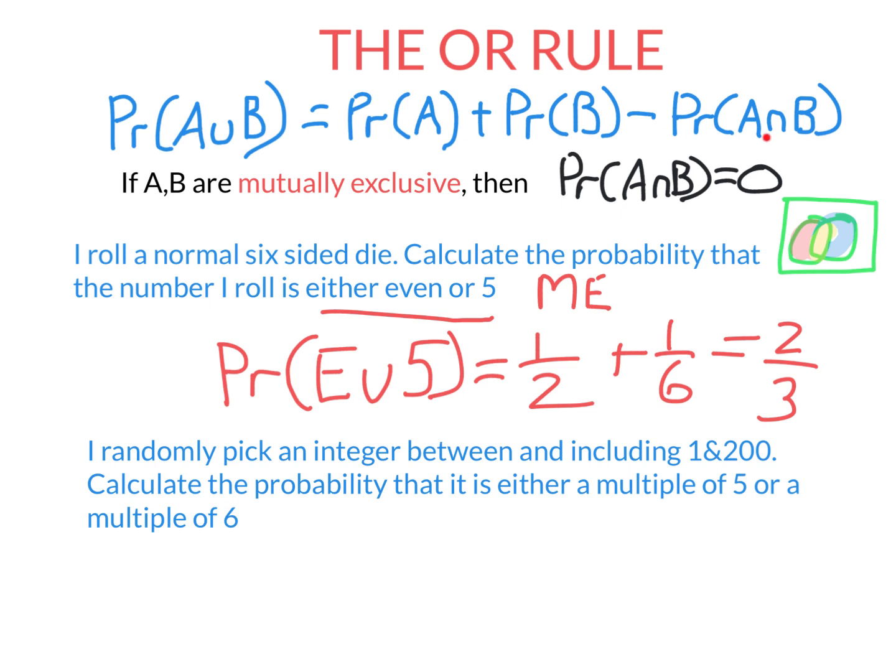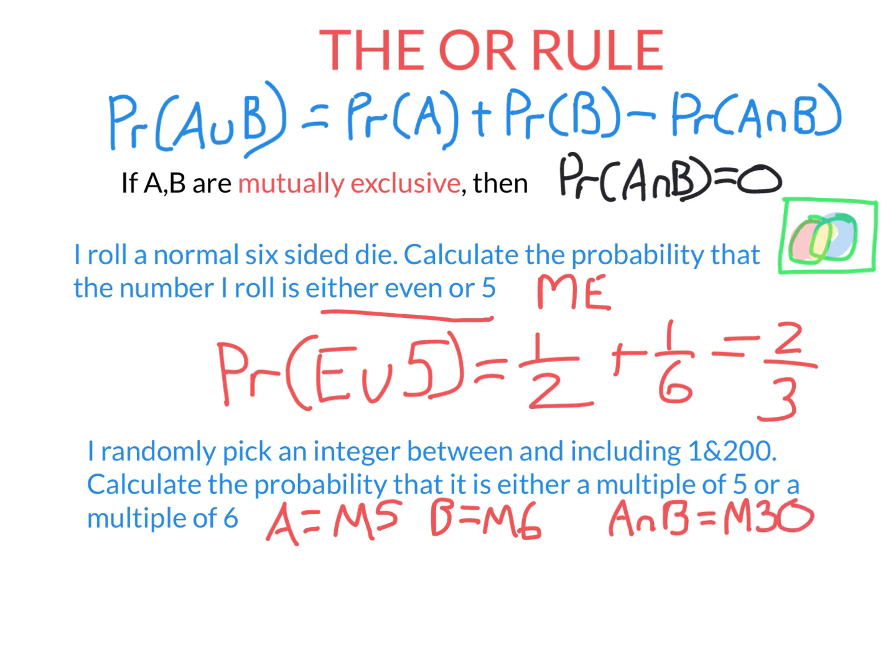So we're going to use this rule up here. We're going to calculate each of these. Let A be the event that it's a multiple of 5. We'll let B be the event that it's a multiple of 6. Now, the probability of A and B. If a number is a multiple of 5 and a multiple of 6, it must be a multiple of 30. 30 is the lowest common multiple of these two.